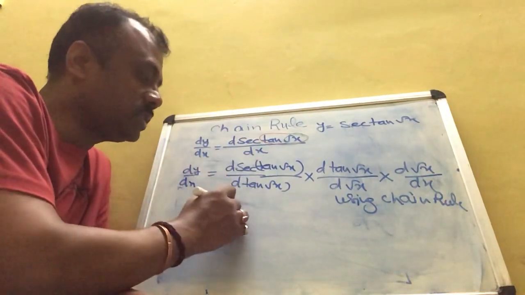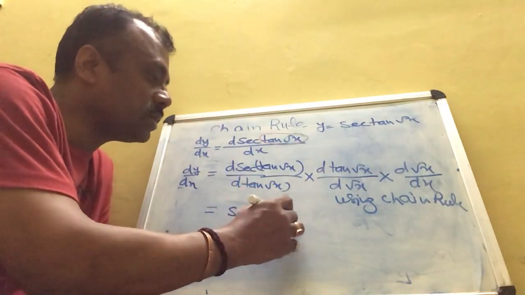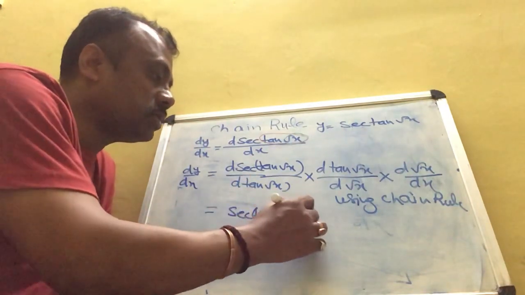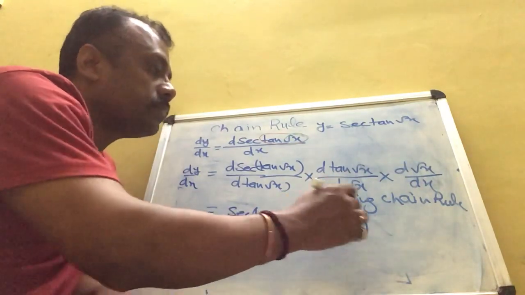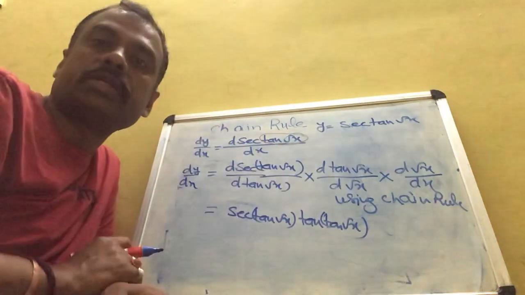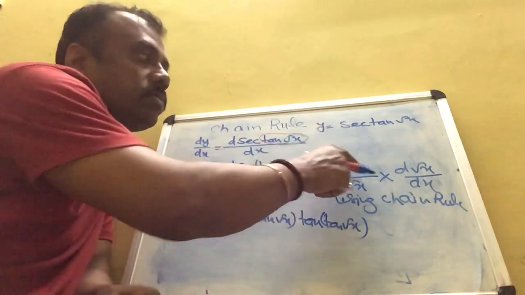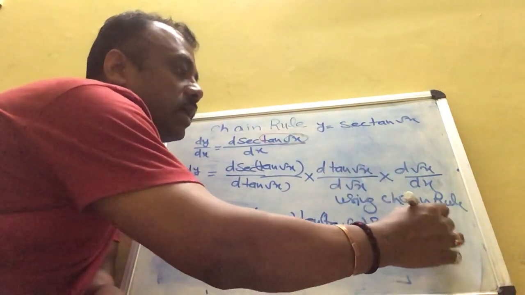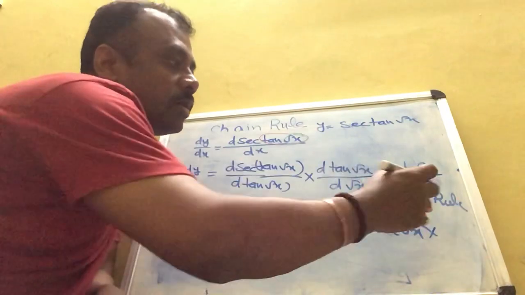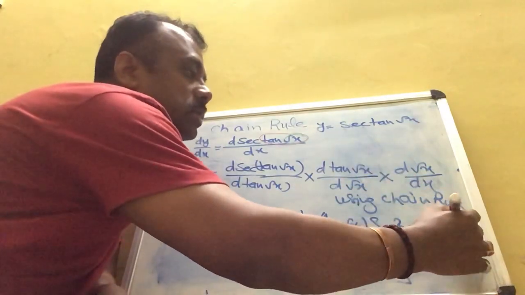It is sec x tan x, so that means sec of tan of root x into tan of root x. Now what is the derivative of tan x? That is sec square x, but here we will write sec square root x. And what is the derivative of root x? 1 by 2 root x.